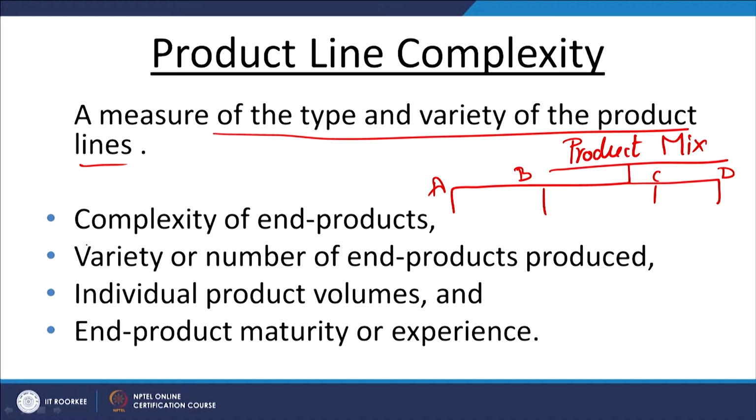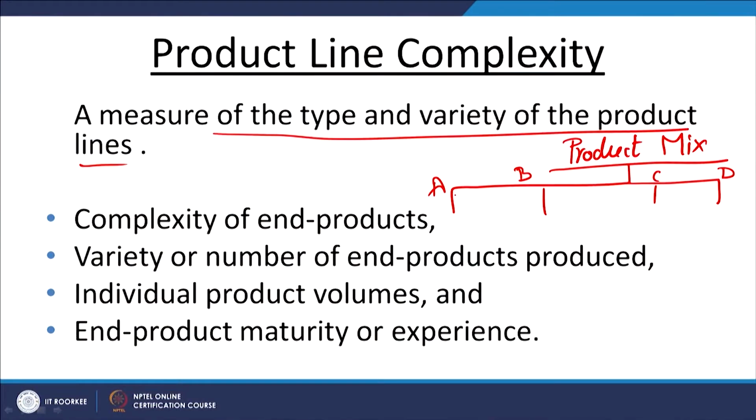Then, depending upon the complexity of end products, the products which you are making may have some typical requirements. Maybe if you are making a product A which requires 3 or 4 different types of variants A1, A2, A3, it means your complexity further increases.